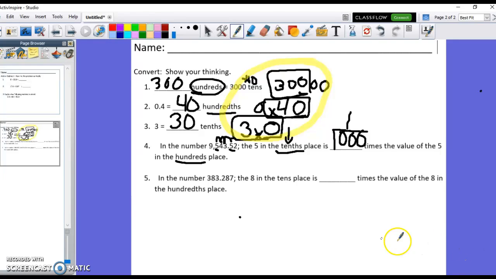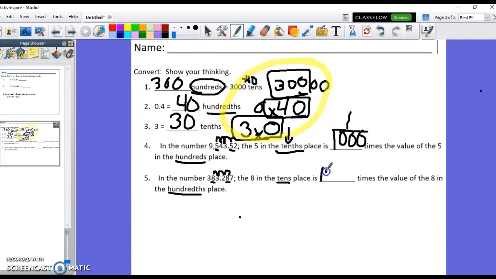Number 5, in the number 383 and 287 thousandths, the 8 in the tens place, so I'm going to underline the tens place, is blank times the value of the 8 in the hundredths place. So I'm going to underline those 2 places. I'm going to put a 1 on the line. I'm going to count the number of jumps, 1, 2, 3.